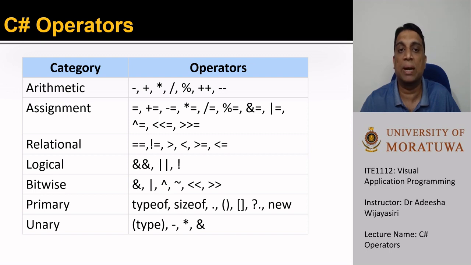Then we have the primary operators category, which includes operators such as member access, which is denoted by period, indexer access denoted by square brackets, invocation denoted by parentheses. Type checking operator and null conditional operator are example operators in the primary category. Type conversion, unary minus, address of operator, pointer indirection operator are examples for unary operators. We will discuss many of these operators with examples in the upcoming slides.